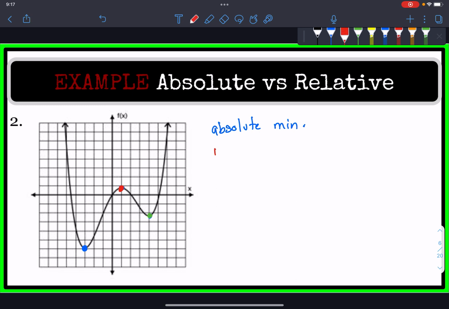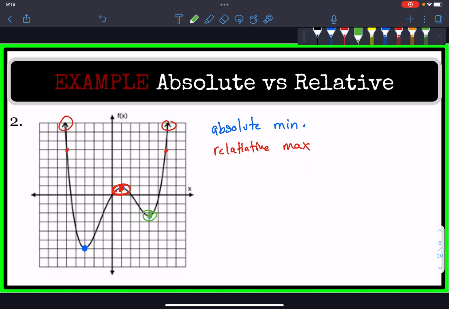The one in red is only a relative max because there are points that are still higher than that. As you see, these points there, or even these points right here, they're higher than this y value for that point, but compared to the points around that red dot, it is the highest point in that section, so it's a relative max. And the same thing is true about this green point right there.